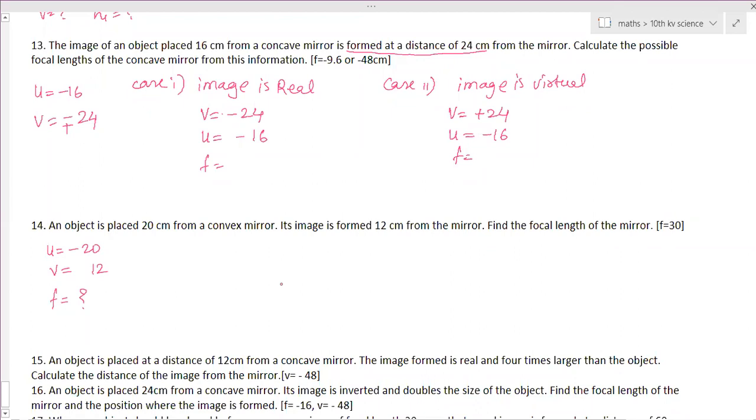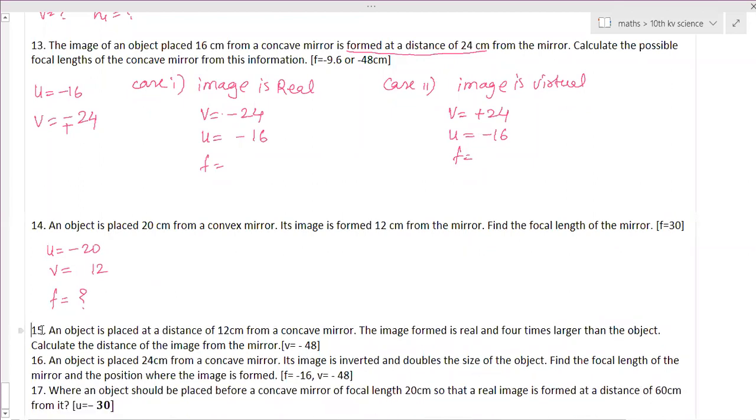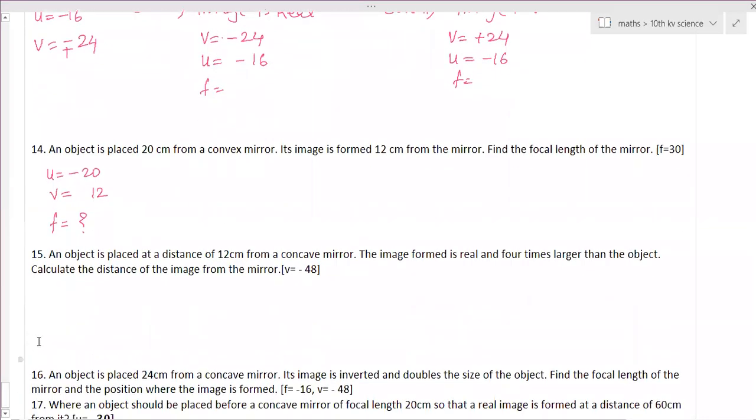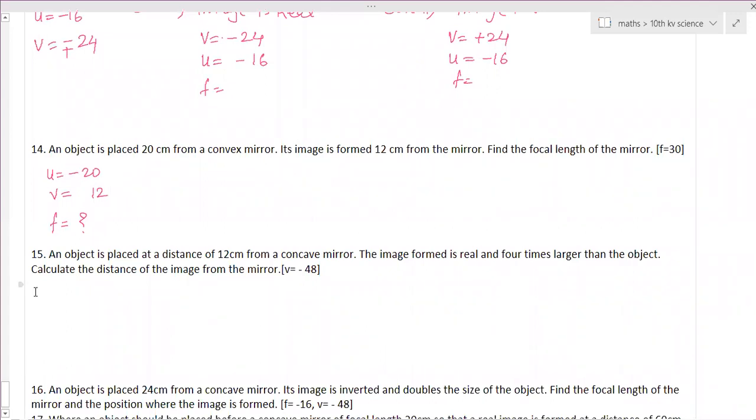Okay, find out. F is equal to 30. Yes, right. F is equal to plus 30.